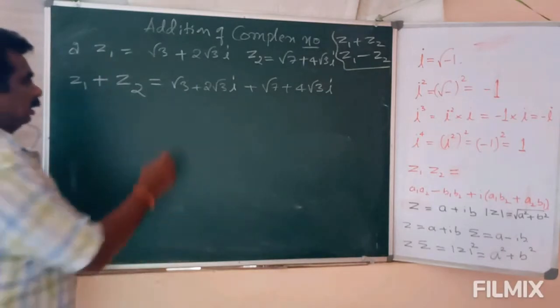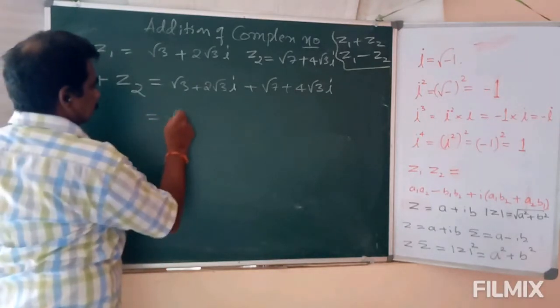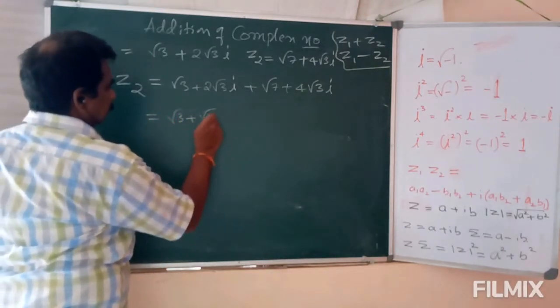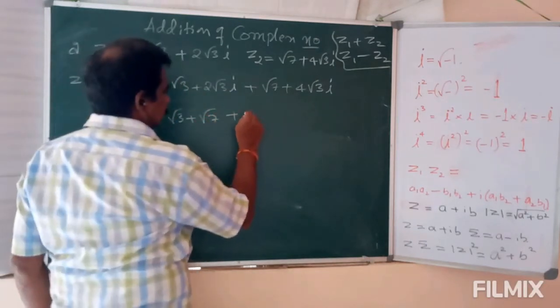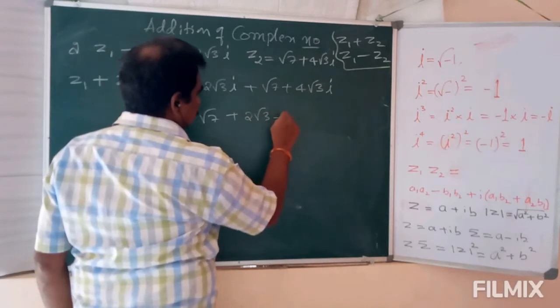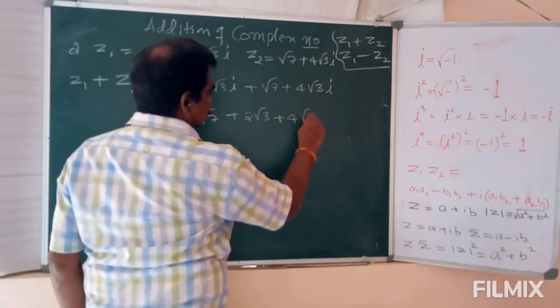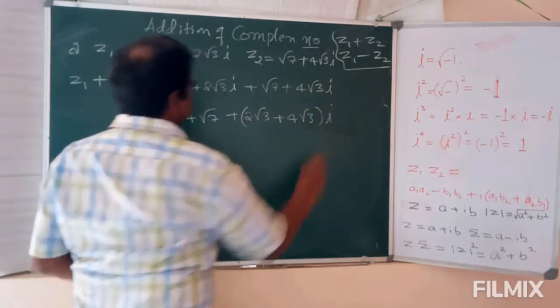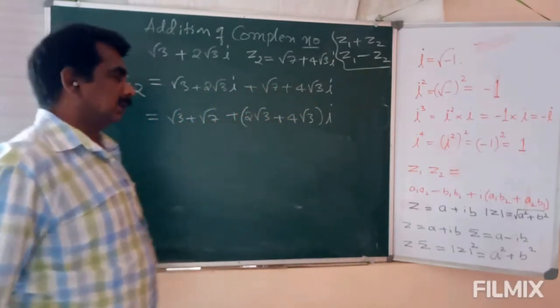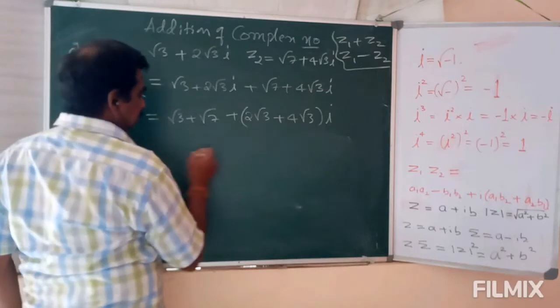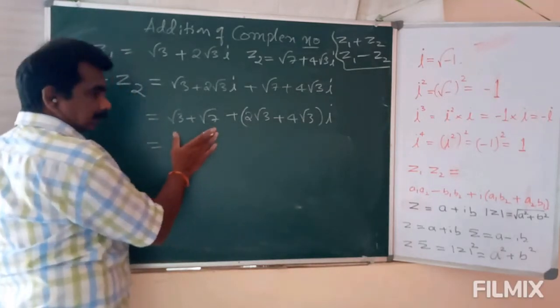Now root 3 plus root 7, one number, plus 2 root 3 plus 4 root 3 into i, because here 2 root 3 into i, 4 root 3 into i, take it as a common factor. Then 2 root 3 plus 4 root 3 is 6 root 3. Here cannot add.